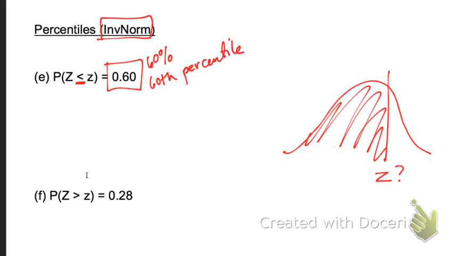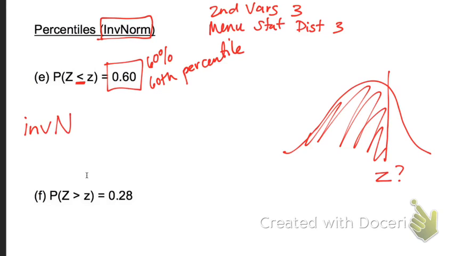So the way that you do it, go to normal CDF, so second, vars. It's not option 2, it should be option 3. For the Inspire people, menu, stat, distribution, and option 3. Inverse norm. So for the area, you're going to put in the percentile, so 0.60.